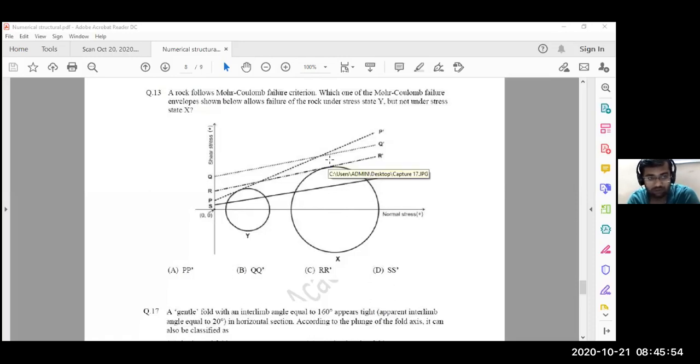If the circle is below the Mohr Coulomb line, it means it is stable. So X is stable and Y is at a point of failure. It should go tangentially, so PP dash is the correct option, option A. Correct. Next.